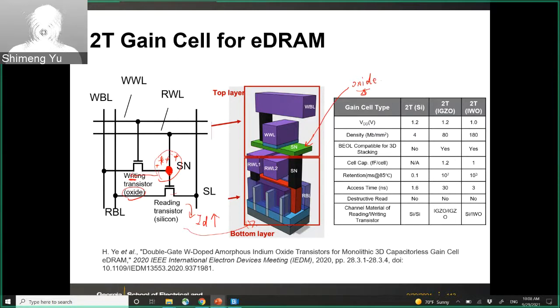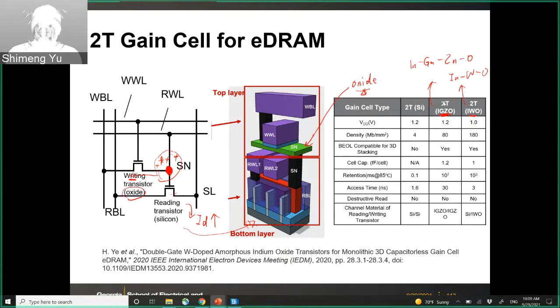In the particular example here, you can have this oxide be one of those oxides. IGZO is indium gallium zinc oxide. IWO is indium tungsten oxide. The good feature of this oxide channel is that the leakage current is so low.